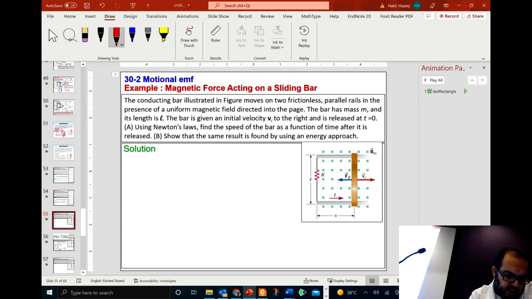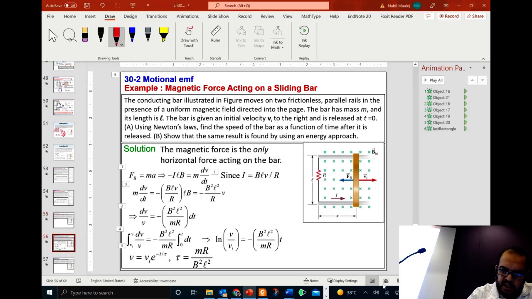So here the force, we said FB, the force is equal to the mass times acceleration, and the force is ILB. This is the magnetic force on this element L here, ILB, which is equal to m dv dt.